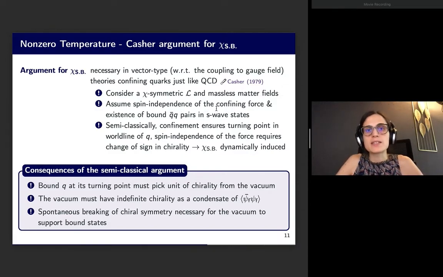type theories that are confining quarks, just like QCD, because you can consider a chirally symmetric Lagrangian and some massless matter fields.